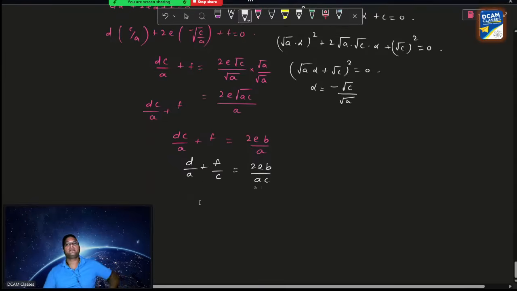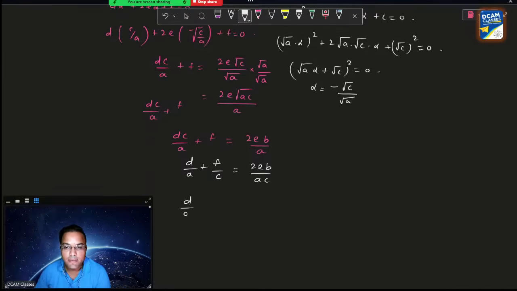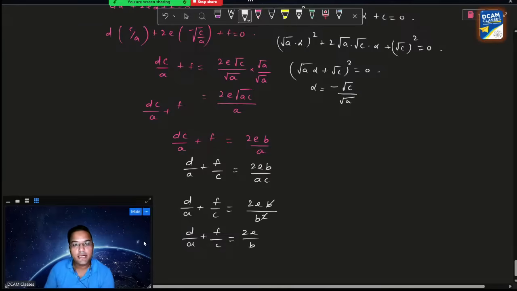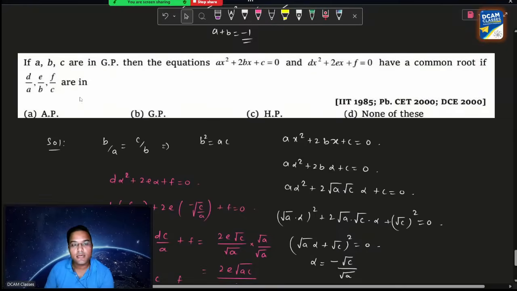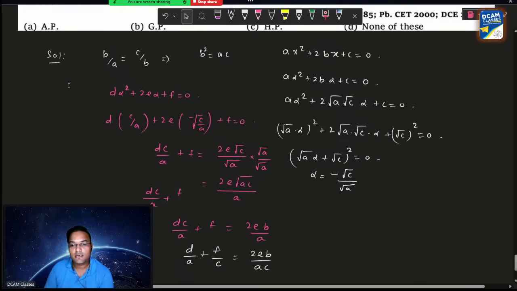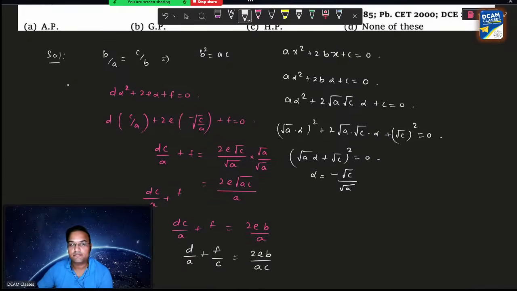It came. Now D by A plus F by C is equal to 2EB by AC, and AC is B square. So B got cancelled. D by A plus F by C is equal to 2E by B you have got. So D by A, E by B, and F by C are in AP. A is the answer.